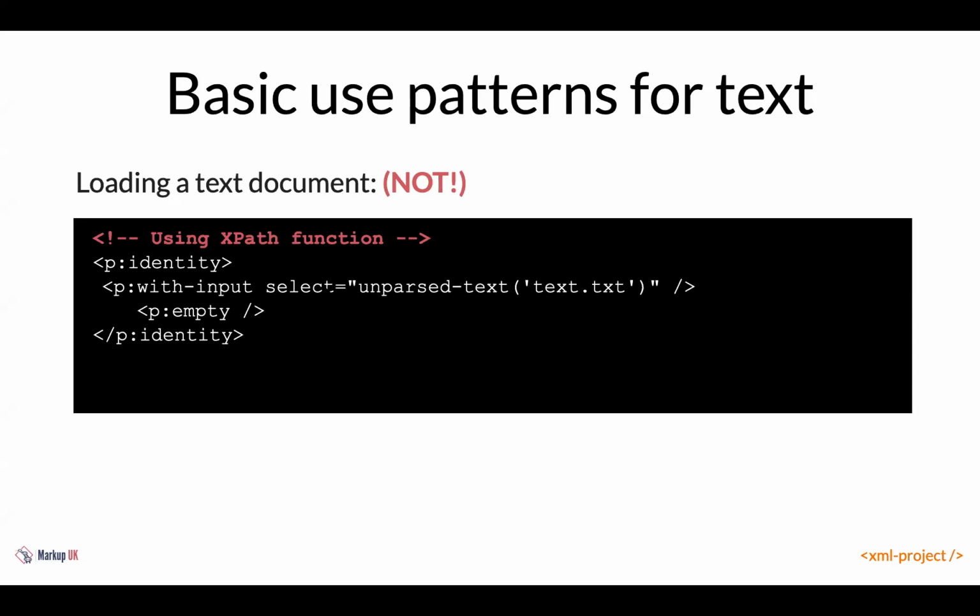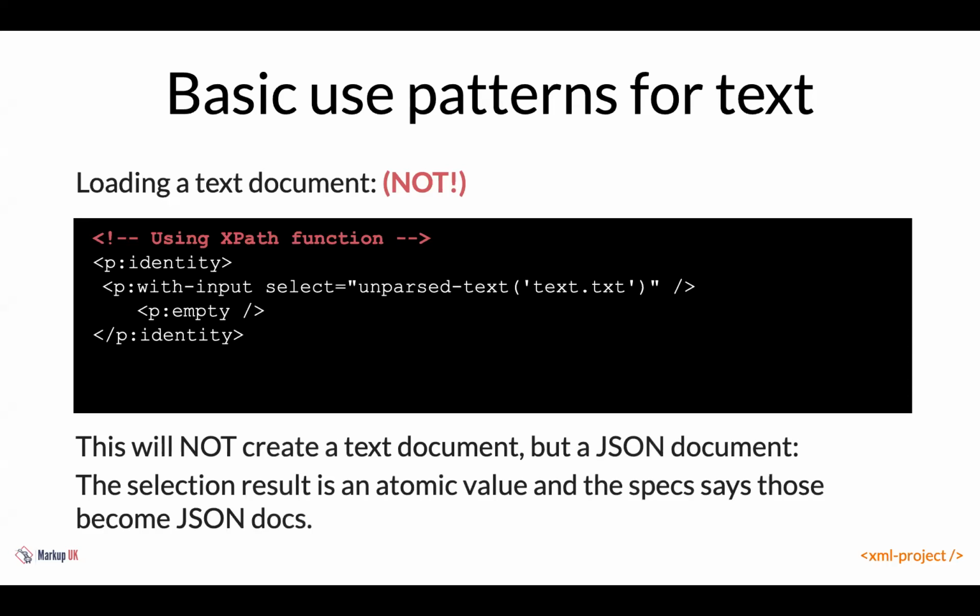This works. So what will happen here is the unparsed-text function will be evaluated with the empty context item, which is fine because unparsed-text doesn't relate to the context, but you won't get a text document, but a JSON document.